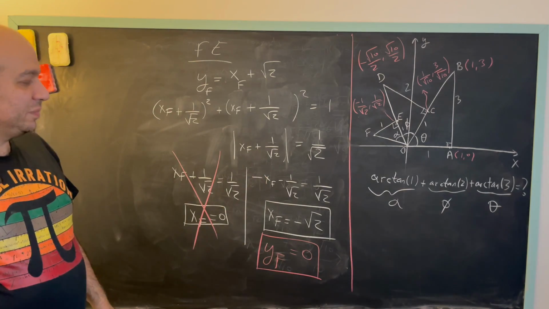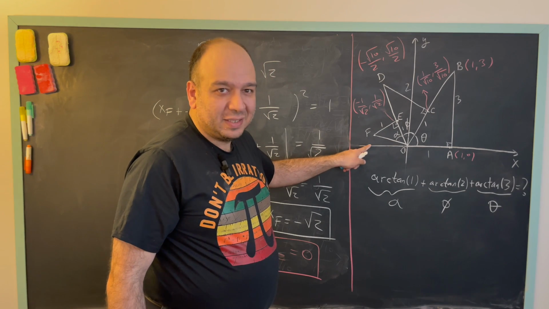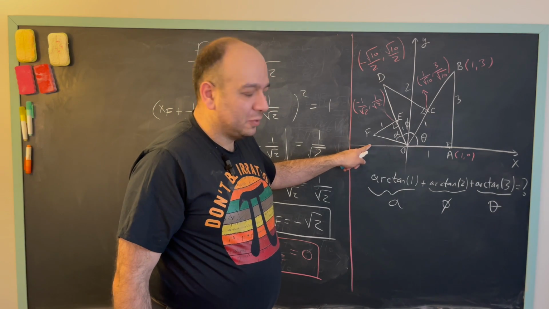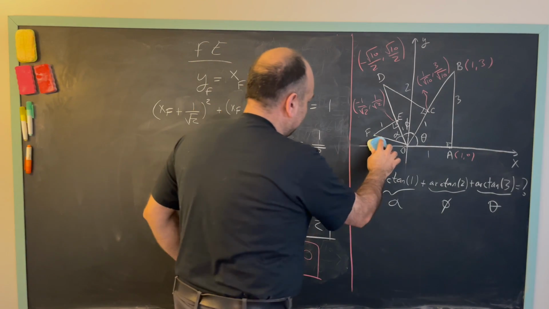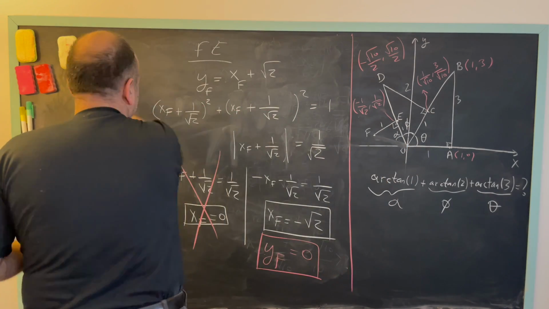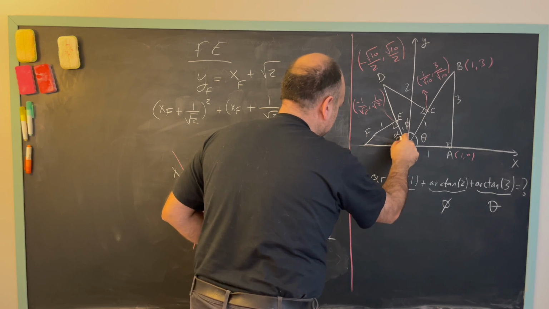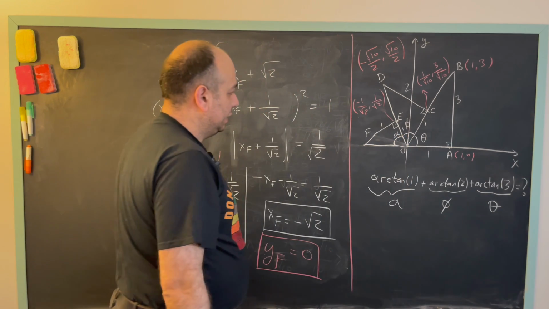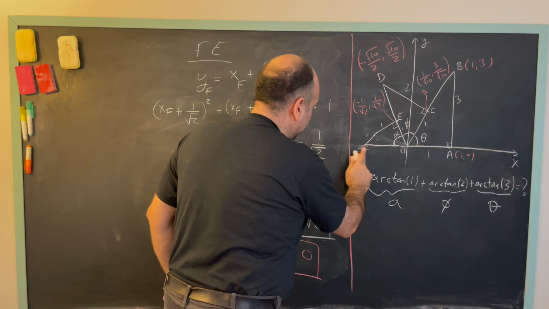So what does this tell me? So this point F is actually on the x-axis. Okay, has to be on the x-axis. So if I correct this geometry, what I see here is this. So this is my alpha. So point F must be here.